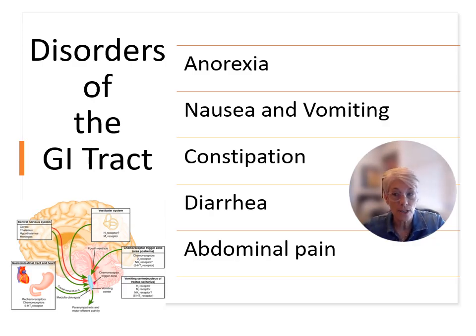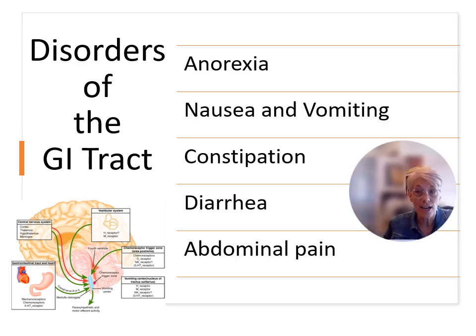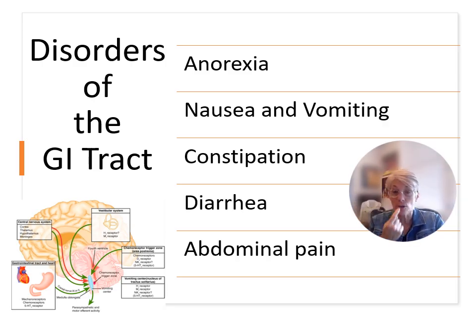But disorders of the gastrointestinal tract disrupt one or more of the structures and functions, right? The GI tract is a continuous, again, hollow tube starting here, coming out the other end, the anus, and things can go wrong in there. So we know that we can have a loss of appetite, right?